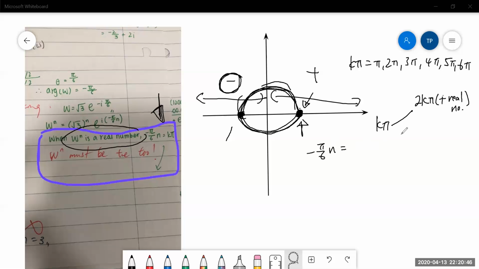Negative real number will be this, but usually they ask for positive. So you have to equate your negative pi over 6n to 2k pi.